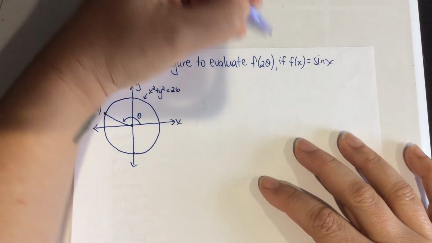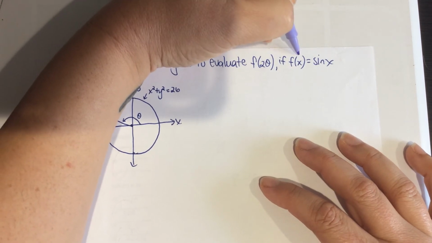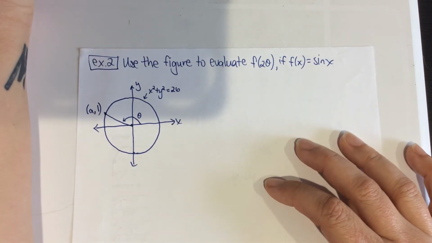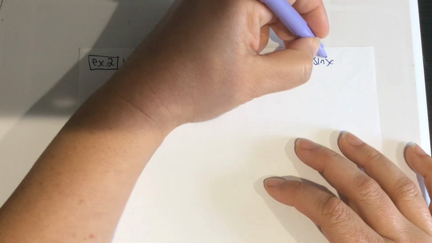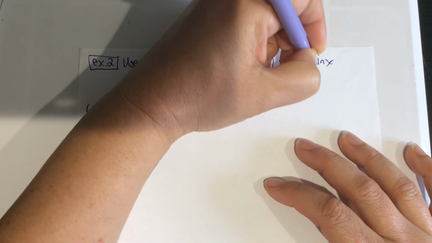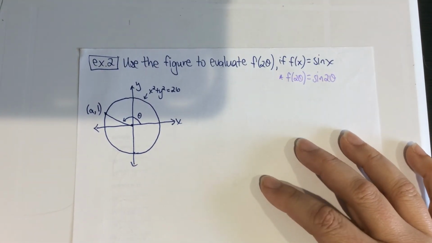So remember that if I asked you to find f of 2, you would find sine of 2. If I asked you to find f of 7 million, you would find sine of 7 million. Obviously, those would both require a calculator. So if f of x is sine of x, then f of 2 theta is sine of 2 theta. So this is what we're trying to find right here.